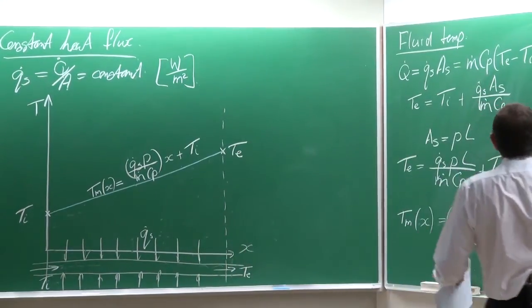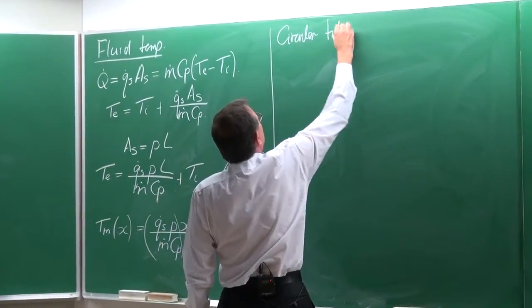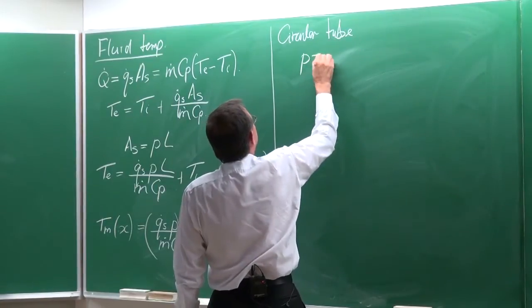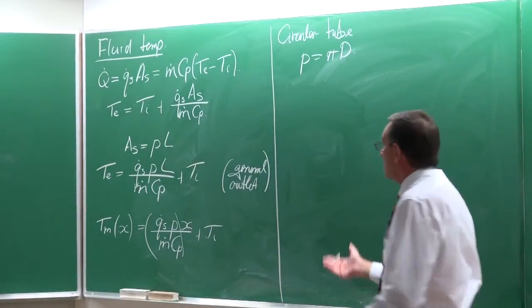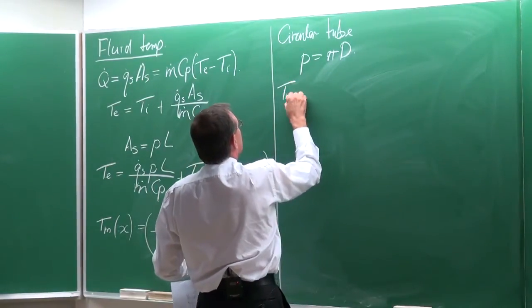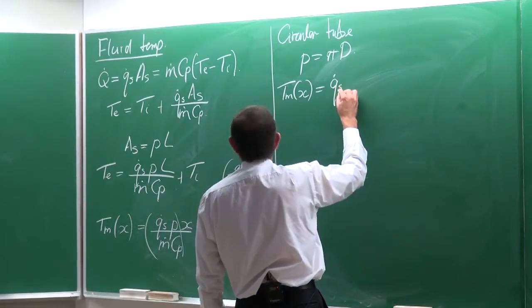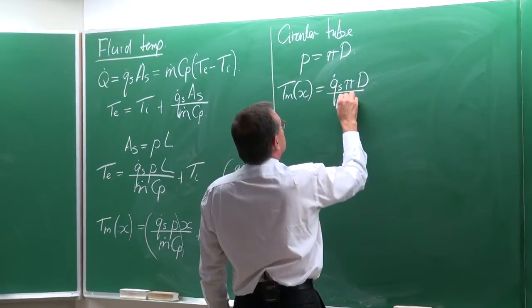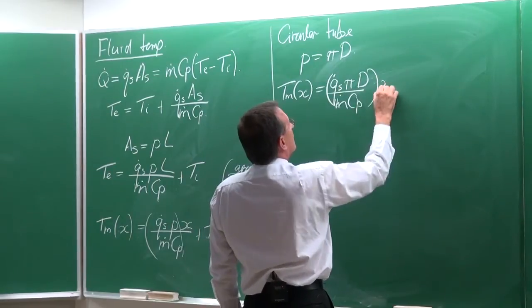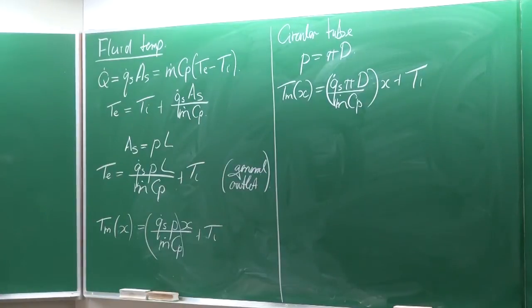Now obviously for the special case, for a circular tube, the perimeter would be equal to pi multiplied by the diameter. We can substitute it in there and then calculate the mean temperature as equal to the heat flux, P is now equal to pi multiplied by d, divided by the mass flow Cp, everything multiplied by x plus Ti. Okay, are you happy with that?